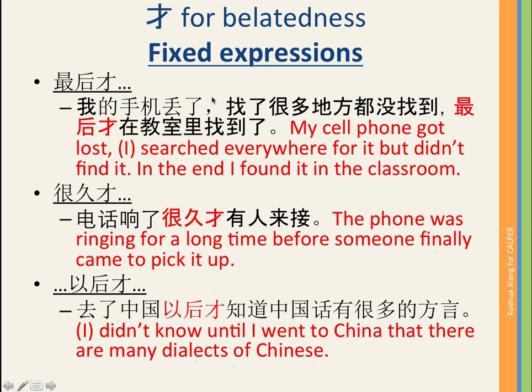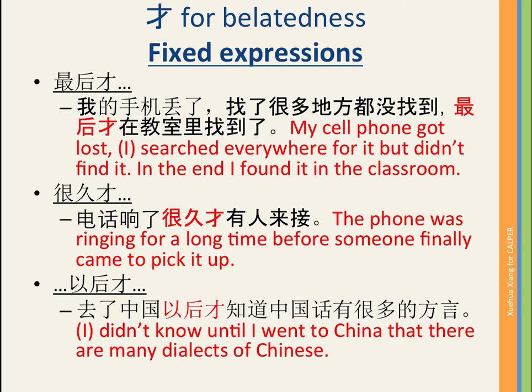The importance here is not only to look at 最后才 as a chunk, but also to notice that Mandarin Chinese has this feature of so-called implicit subject. So here, for example, 找到了 found something. Who found it? The subject is missing in this sentence. But it's understood. Of course, it's I looking for my cell phone. So Chinese text is like that.